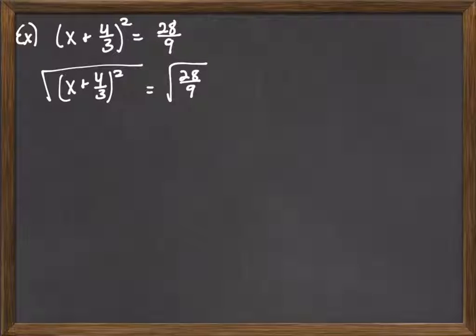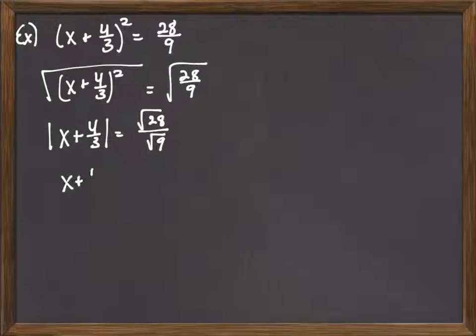Again, square root of something squared will just be absolute value. And then square root of 28 over 9 we can rewrite as square root of 28 over the square root of 9 because square roots distribute over multiplication and division. So we can drop that absolute value. Now when we do that, remember we need to make that plus or minus.